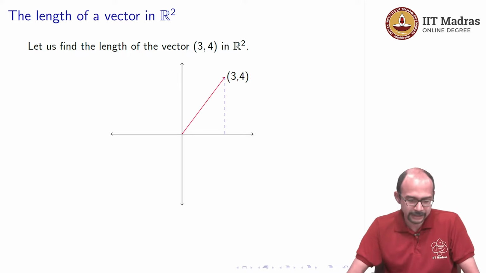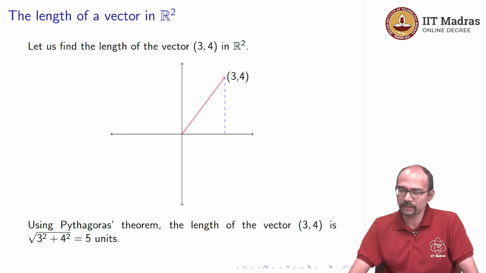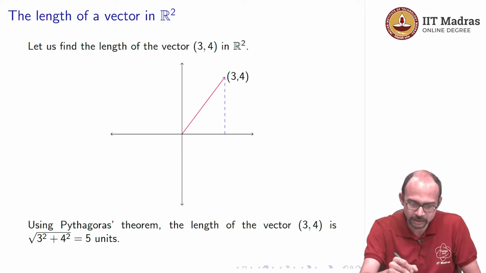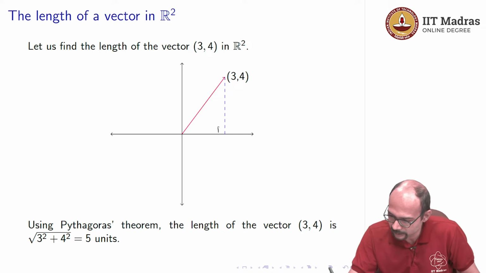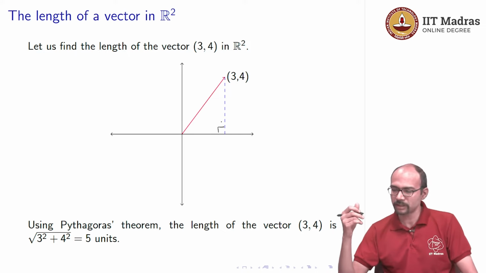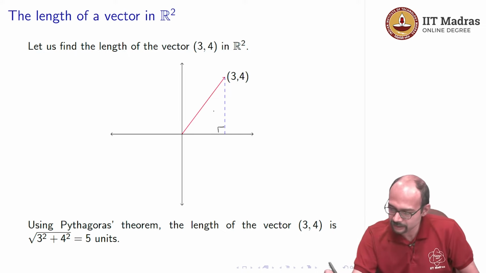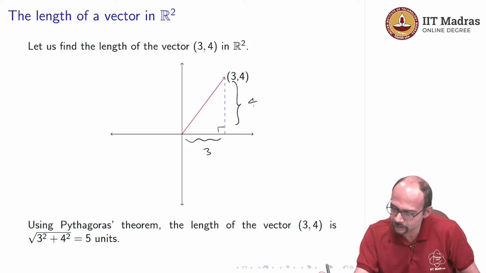Then if you do that, you get a right angle triangle. Since you have dropped a perpendicular, this length here is 3, this length here is 4.